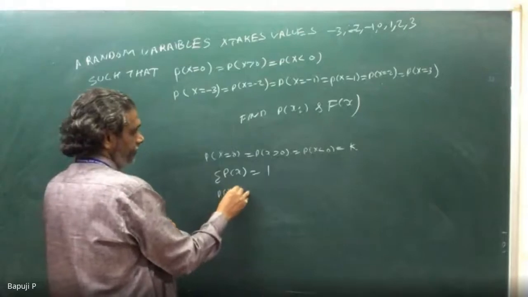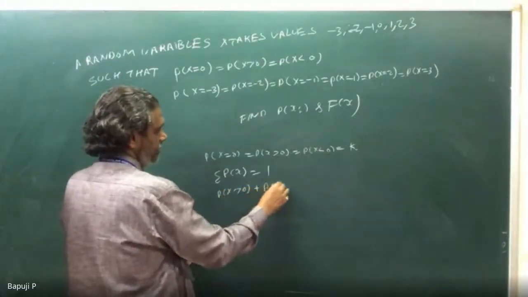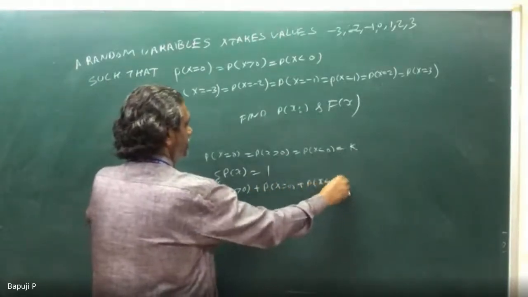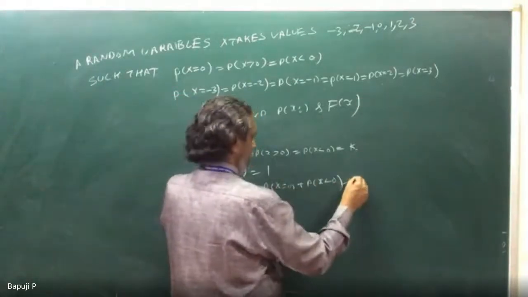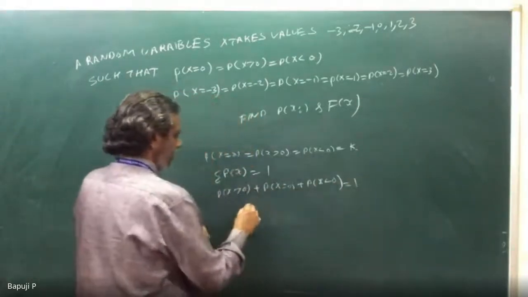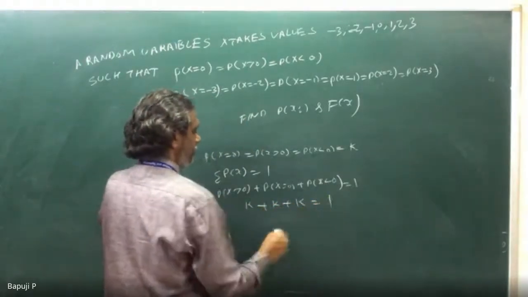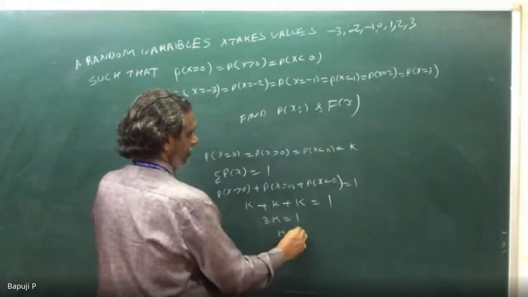Probability x greater than 0 plus probability x equal to 0 plus probability x less than 0, correct? So that is equal to 1. This is K plus K plus K is equal to 1. So 3K is equal to 1, K is equal to 1 by 3.